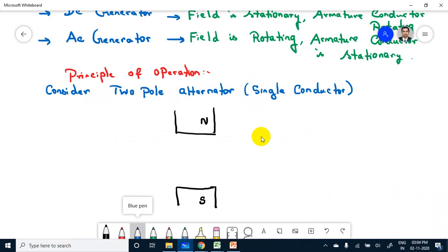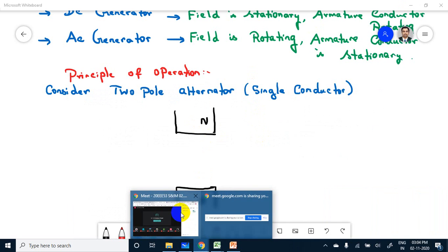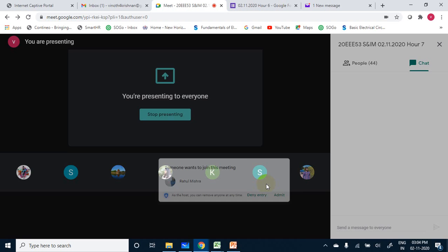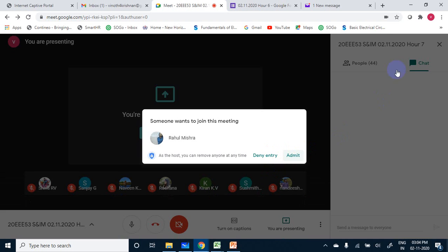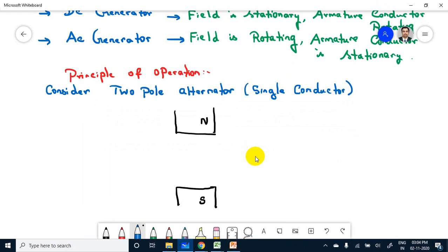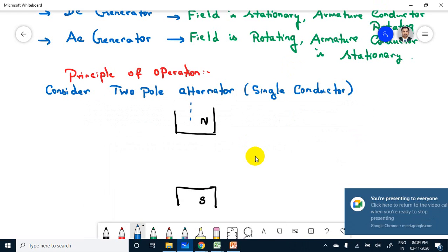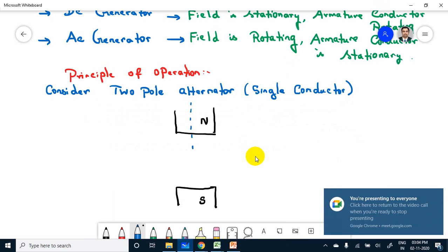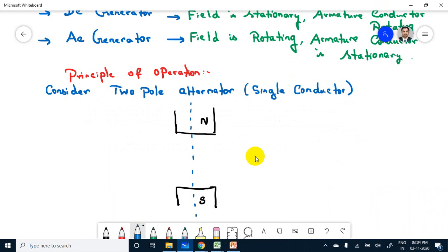So between them, I'm going to draw a 90-degree line. Now this is a two-pole alternator.